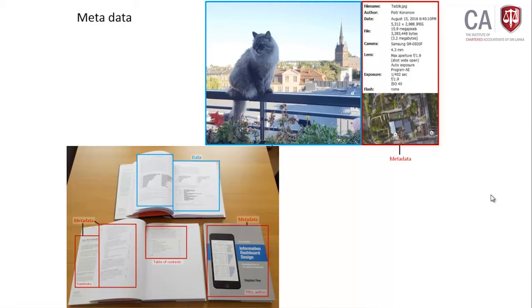Especially if you have an Android phone, the new Android software captures the location information as well when you take a picture. It captures where it was taken, and all the information. When you go to the properties of the file, that automatically gives these details: file name, author, date taken and location, everything is there.